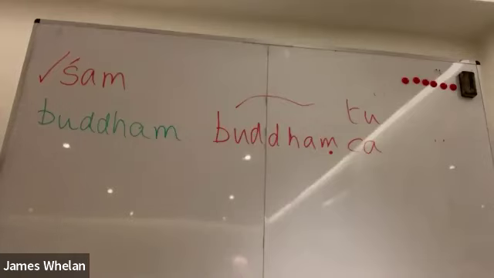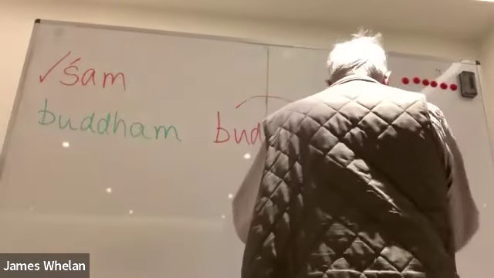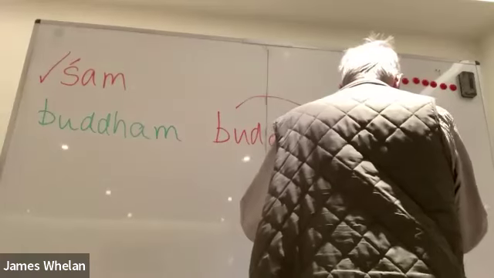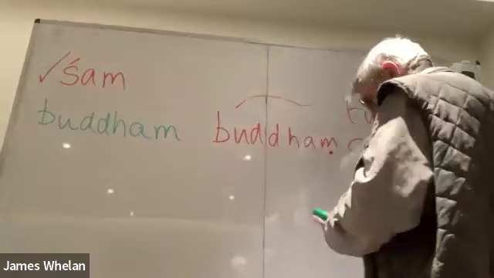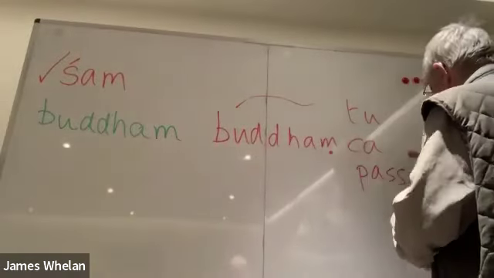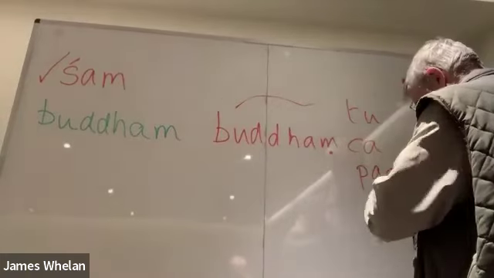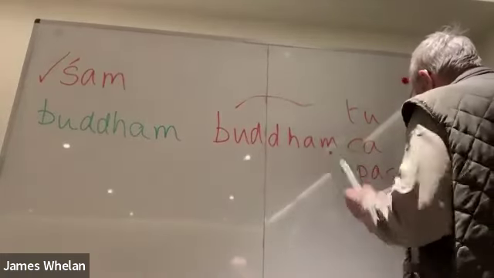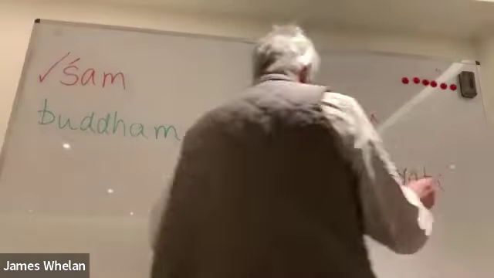for example, it would be written as Buddham Pasati, he sees the Buddha. In Sanskrit, exactly the same rules apply. In Sanskrit, it would be Buddham Pashyati.